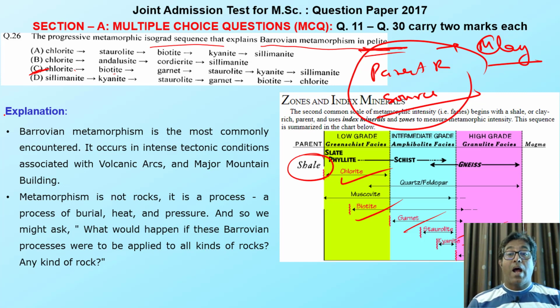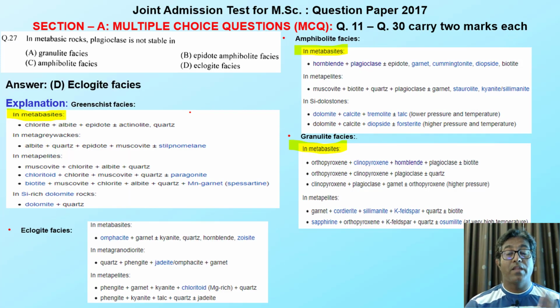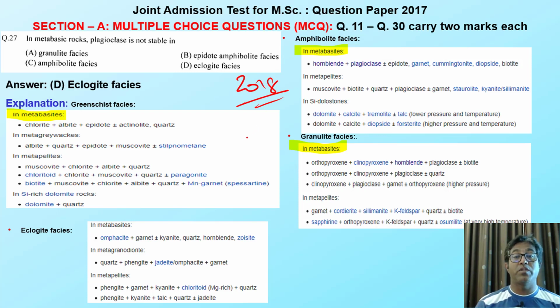Again, if you have metabasite, then you have metagreywacke, just like sedimentary rock, like a granitic rock. What type of metamorphism and what type of index mineral you will get, that we are going to see in the next question, and that was already asked in 2018 also, so I took the same PPT that I showed you in the 2018 questions.